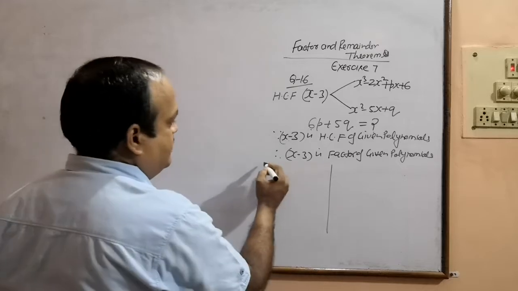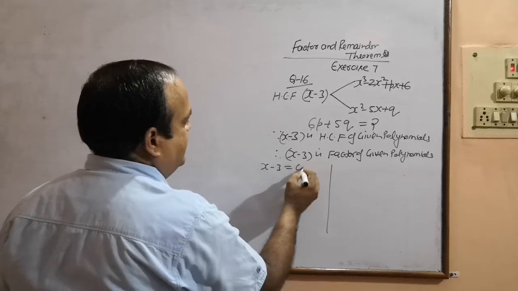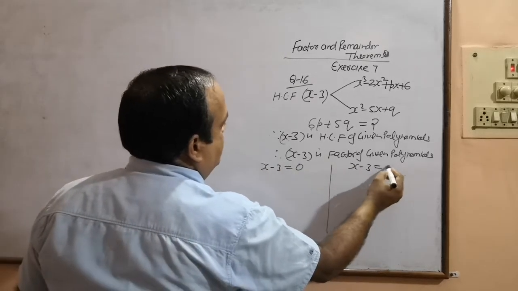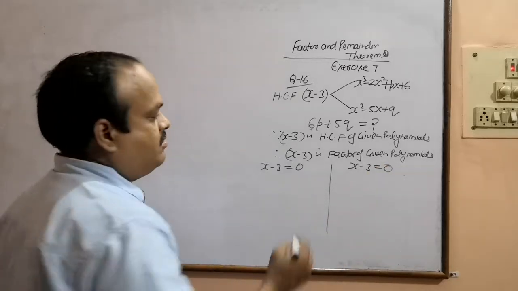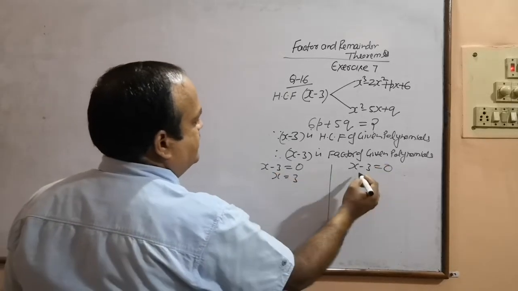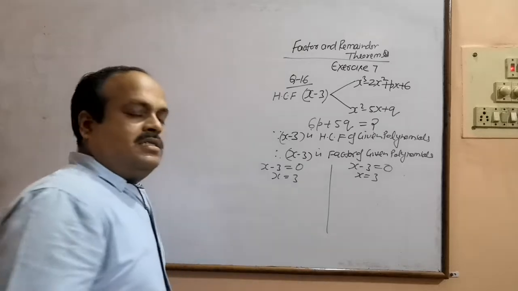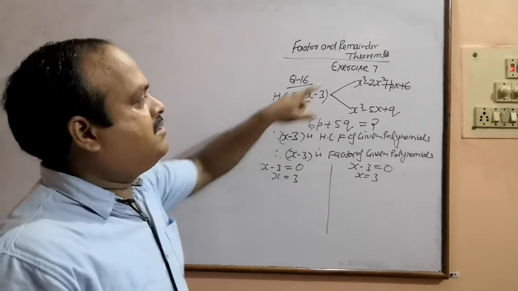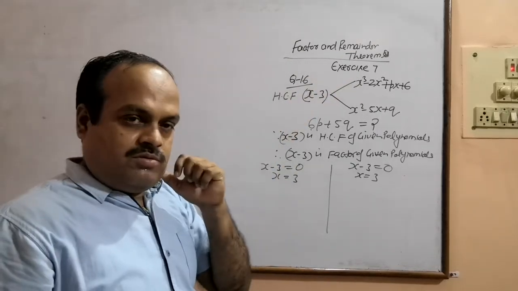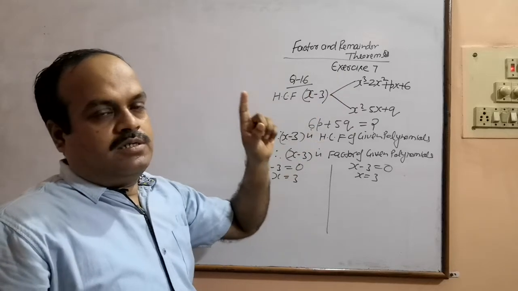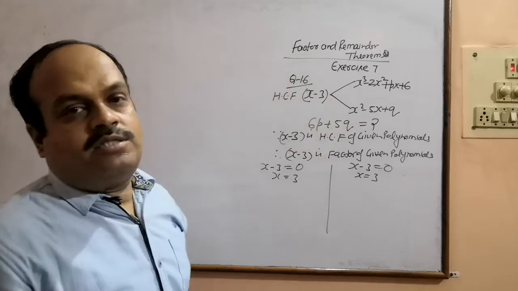So I write here x minus 3 equals to 0 to get the value of x, and the value of x we will put in these two polynomials to get the remainder 0.